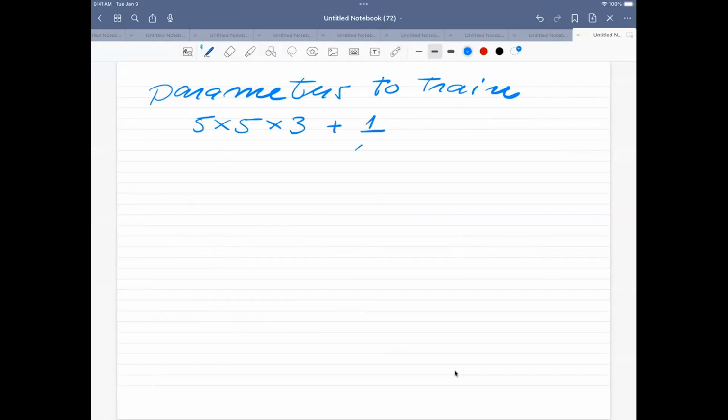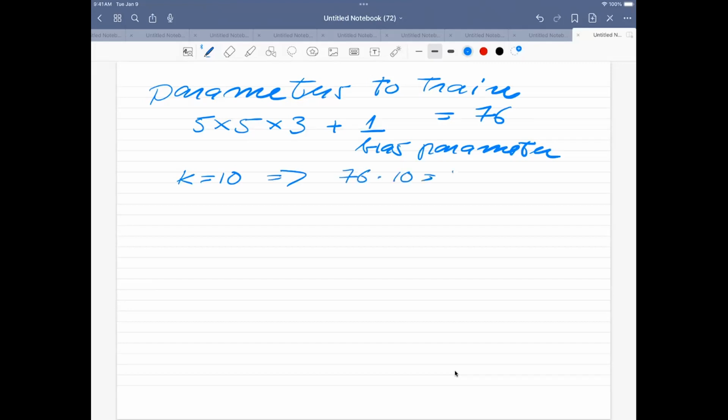So in total for the filters, we have 76 weights and biases, which we need to train with backpropagation. Then we have 10 filters. Since k is equal to 10, this filter operation leads to 76 times 10, which is 760 parameters to train with backpropagation.